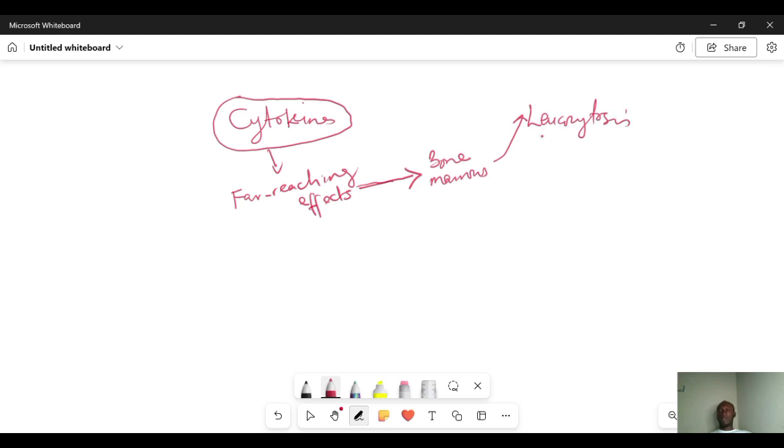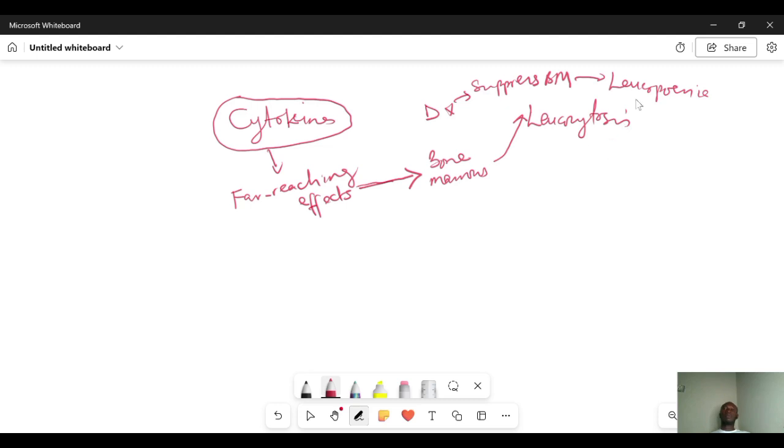However, we should quickly note here that sometimes an ongoing disease process can suppress bone marrow, and this would rather give rise to leukopenia.